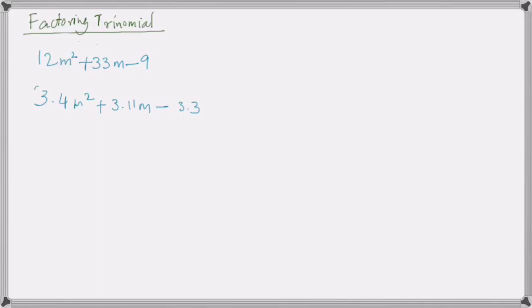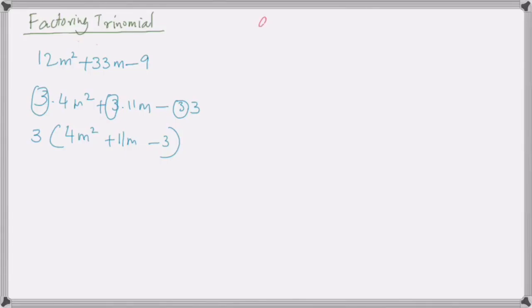So we can take 3 as the common factor, right? So when you take 3 outside, 3 parenthesis 4m squared plus 11m minus 3. Now when you look at this equation, right, this equation looks similar to the equation that we solved before, right?